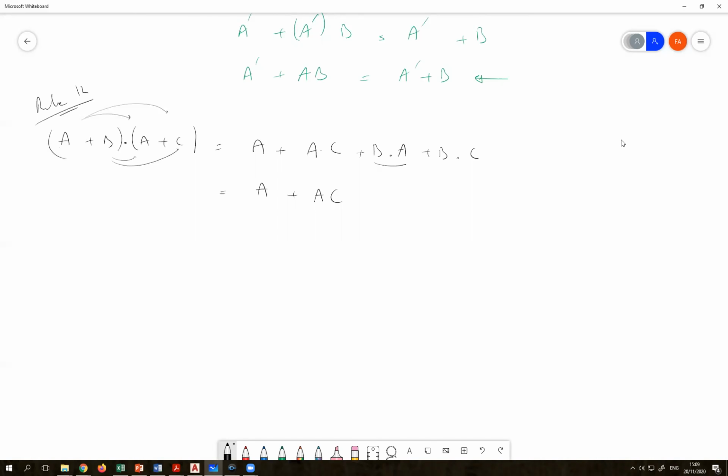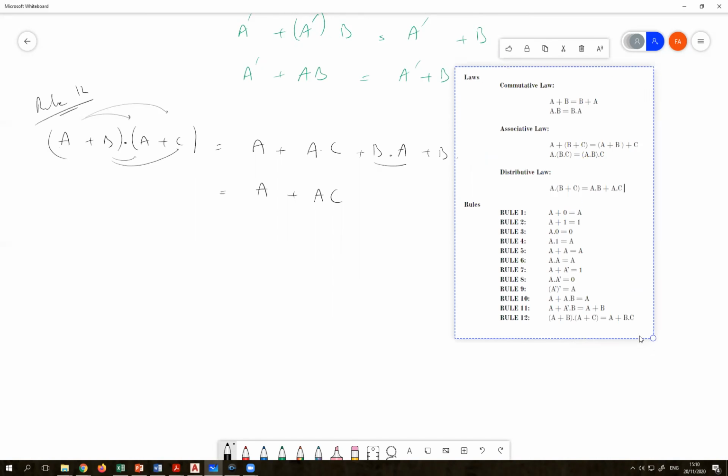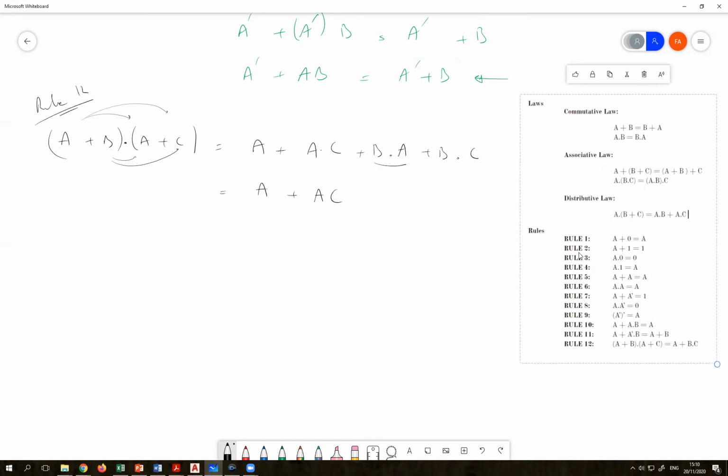Let me copy that for you again, so we can use the rules. Look, AB, commutative rule, AB is equal to BA. So I can write it as AB plus BC. Guys, what is this rule? This is rule number 10. That is very important.